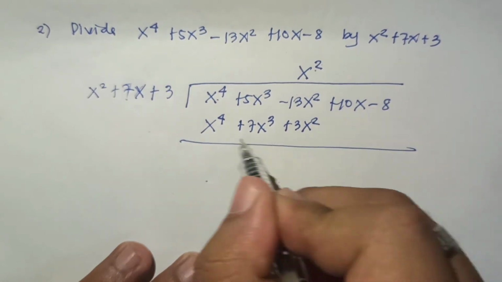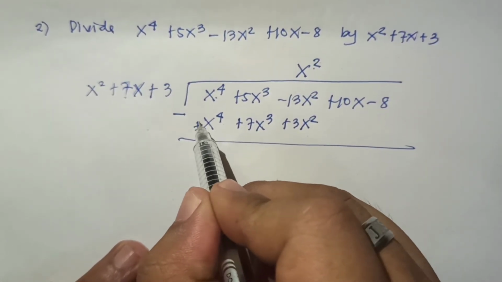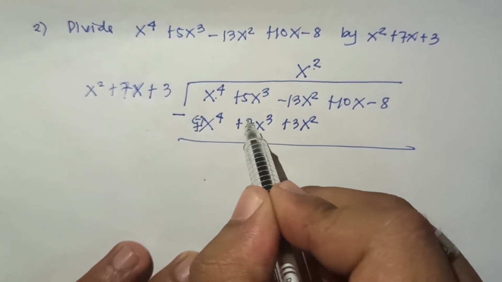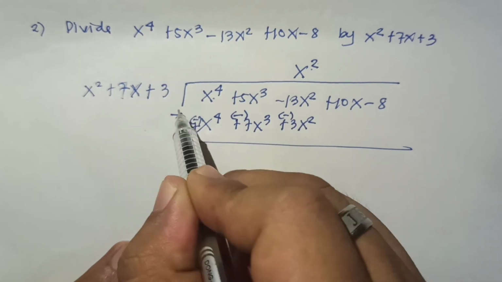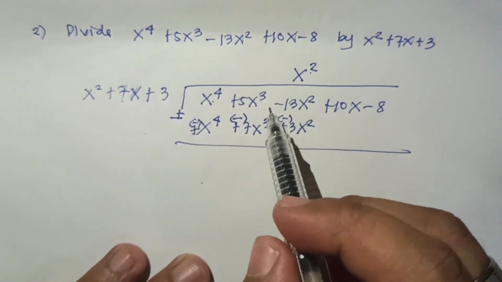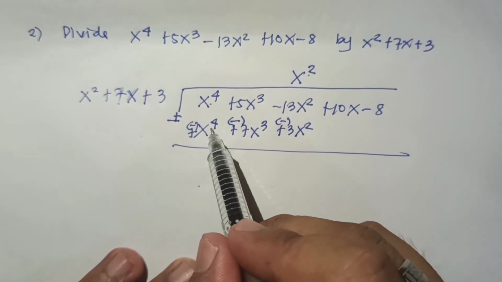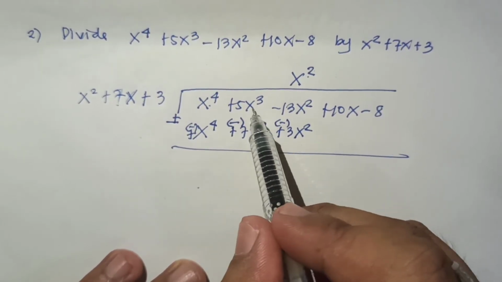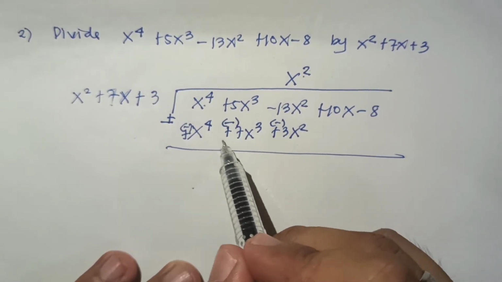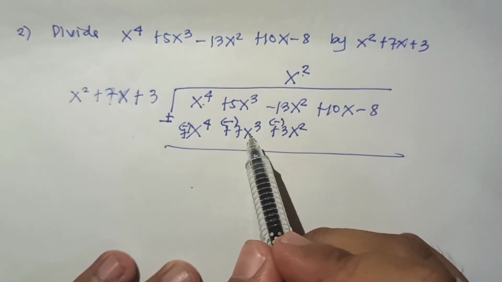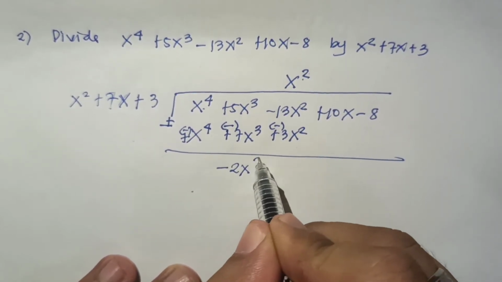Next, change the sign of the subtrahend and proceed to addition. If this is plus, this becomes negative, and this is negative, and this is negative, and proceed to addition. So x raised to 4 plus negative x raised to 4 becomes 0. 5x cubed plus negative 7x cubed, the result is negative 2x cubed.